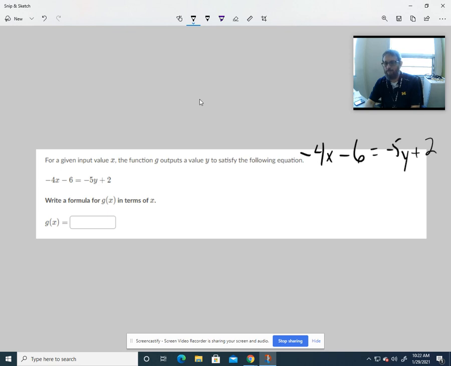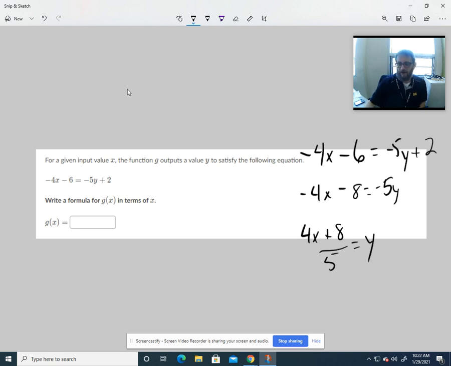I want to get y by itself. So I'm going to subtract the 2. I'm going to get this. Then I'm going to divide by the negative 5. Now, because everything is negative, it's actually going to make everything positive. So 4x plus 8 over 5 equals y.